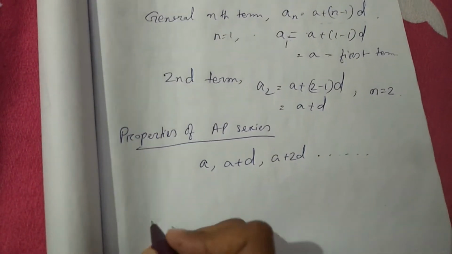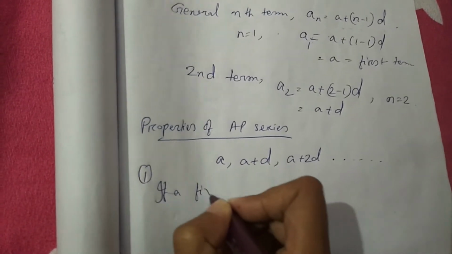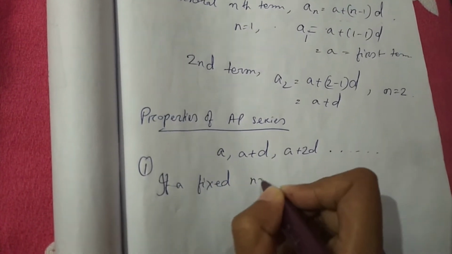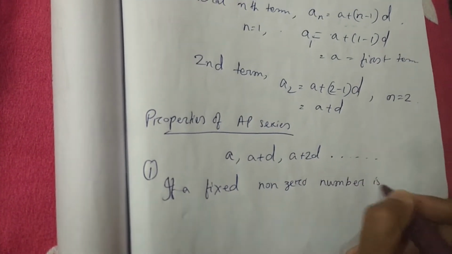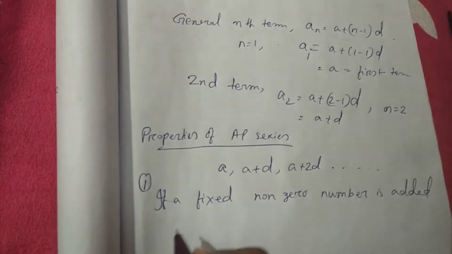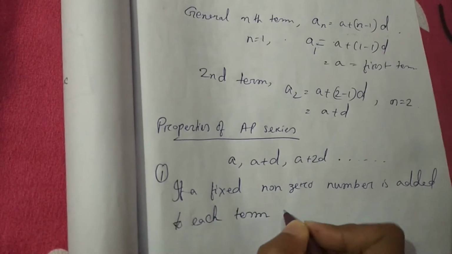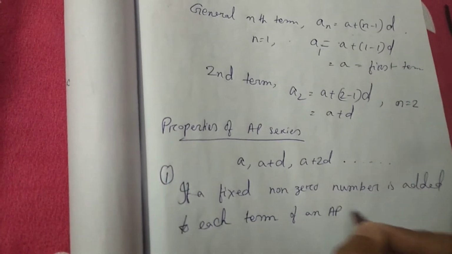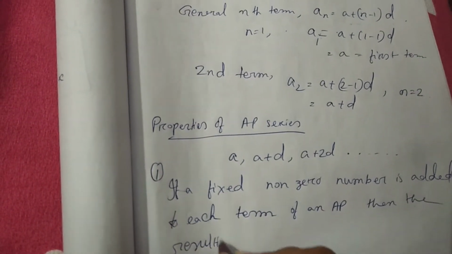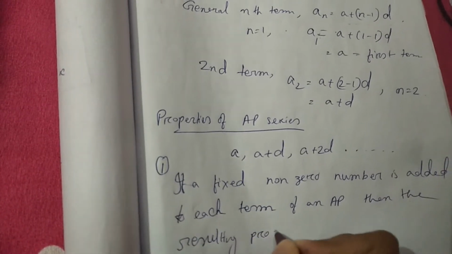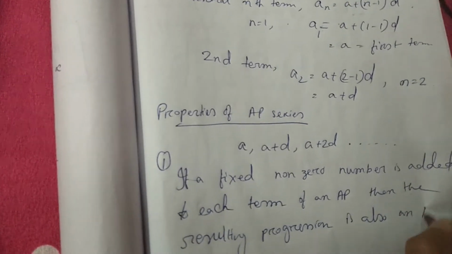The first property is, if a fixed non-zero number is added to each term of an AP, then the resulting progression is also an AP.